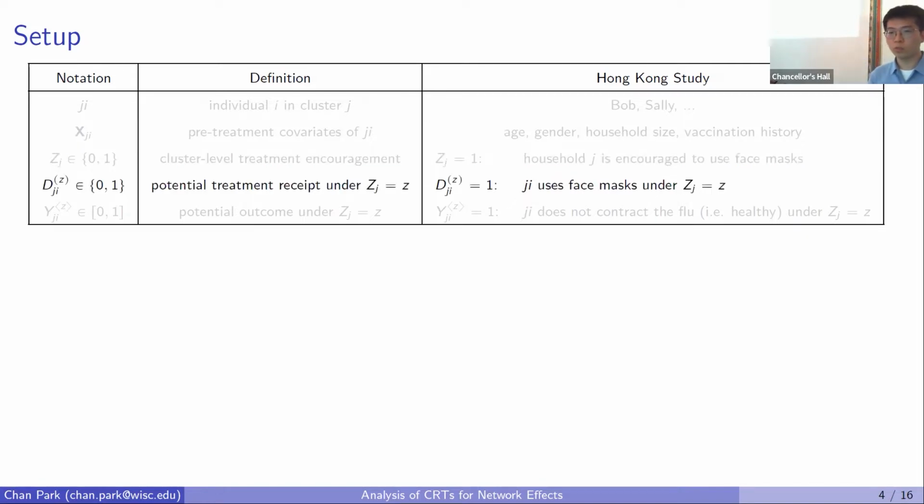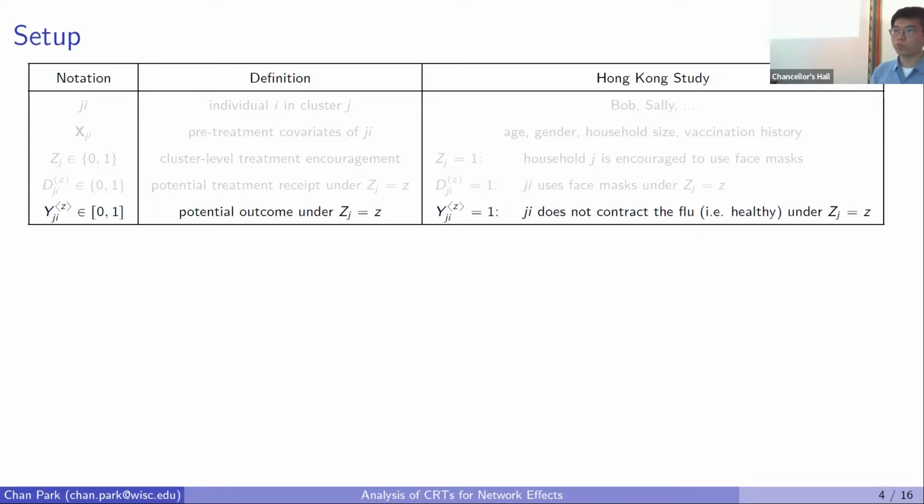And D(z), which is also binary, is the potential treatment receipt under a given treatment status. D equals 1 means the individual uses face masks under the given treatment status. And Y(z), which is bounded in the unit interval, is the potential outcome under the given treatment status. Y(z) means the individual is healthy under the given treatment status.